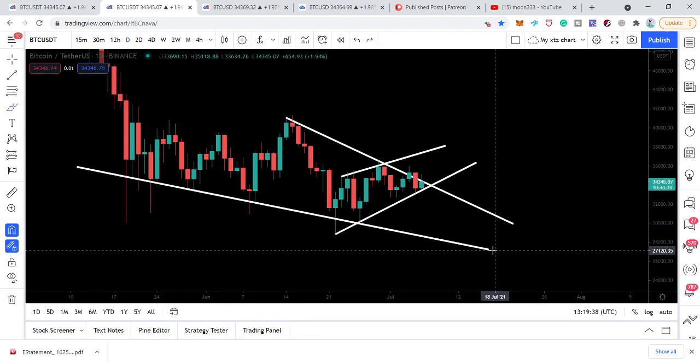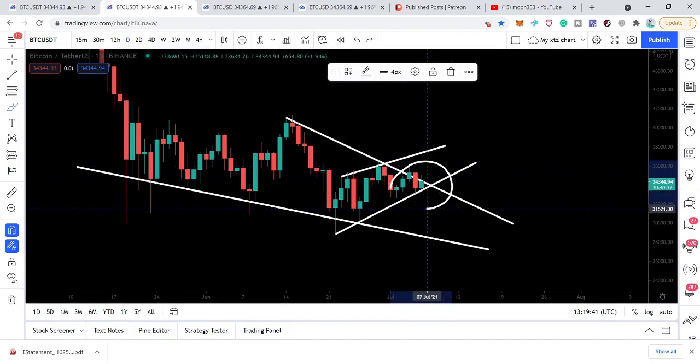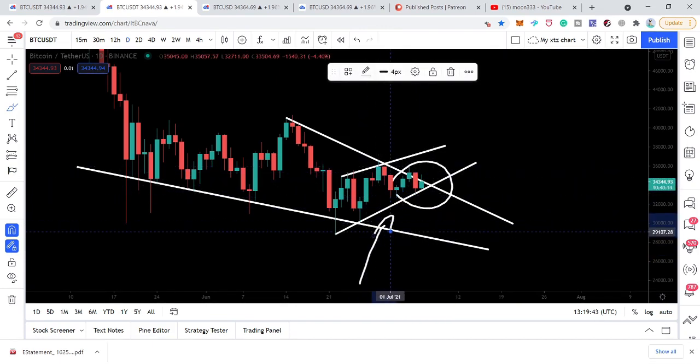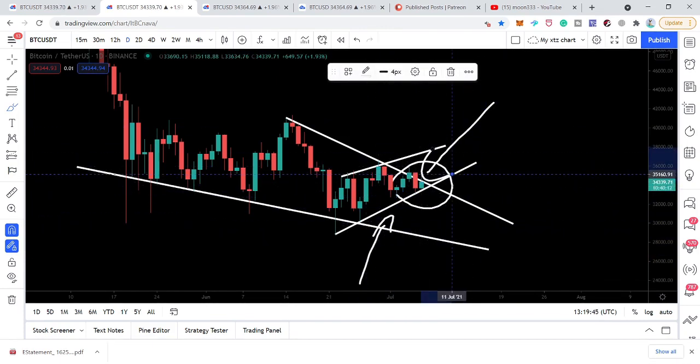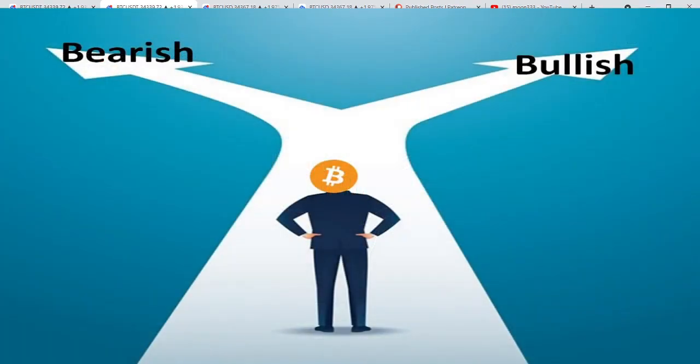At the same time, the price action is at the support of this rising wedge pattern and at the resistance of this falling wedge pattern. So this is a really very important movement for the price action of Bitcoin.